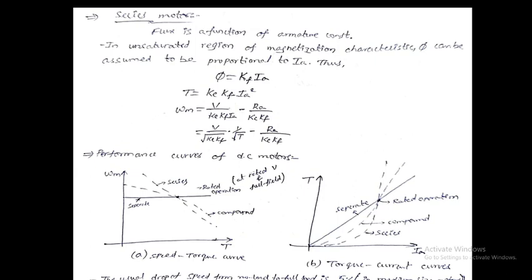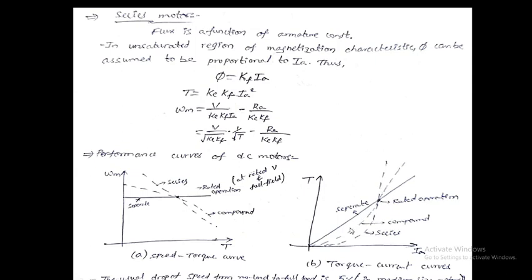Torque versus armature current characteristics are shown in figure B here. For the separately excited motor, torque is directly proportional to armature current, hence it is like this. For the series motor, torque is proportional to the square of the armature current, and that's why you get the characteristics like this.